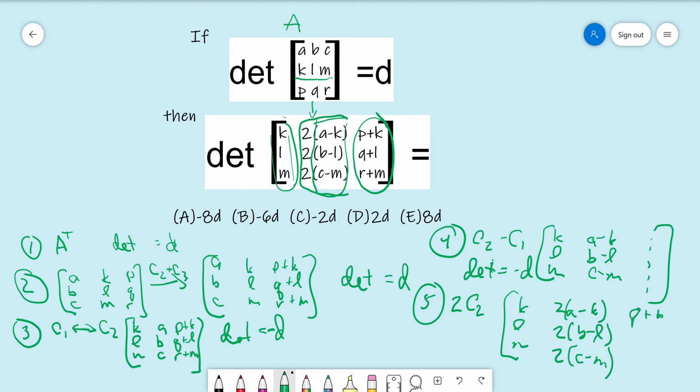P plus K, Q plus L, R plus M. But now the determinant is going to be negative 2D. We have to multiply by 2 because whenever you multiply a column or a row by a constant, that's going to multiply the whole determinant by that constant. So our answer is actually negative 2D, which is C.